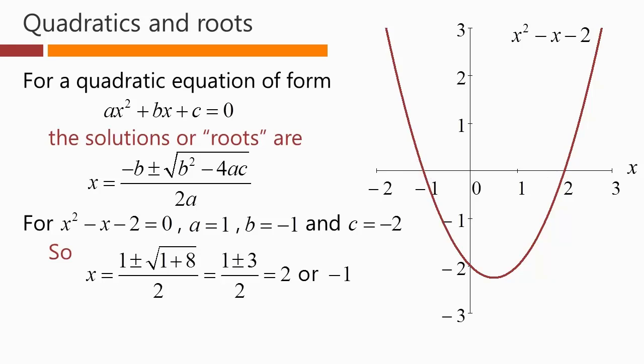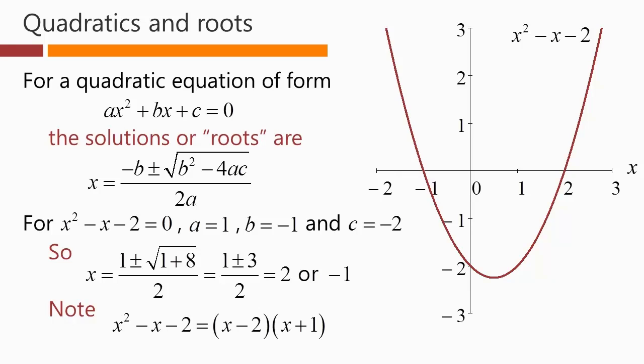And of course, we have our formula here for figuring out the answers. And if we use that formula, we get two answers, 2 or minus 1. And indeed, we find this red curve here crosses through the horizontal axis at 2 or at minus 1. That's when this function is equal to 0. And this here is an example of a quadratic curve, also known as a parabola.